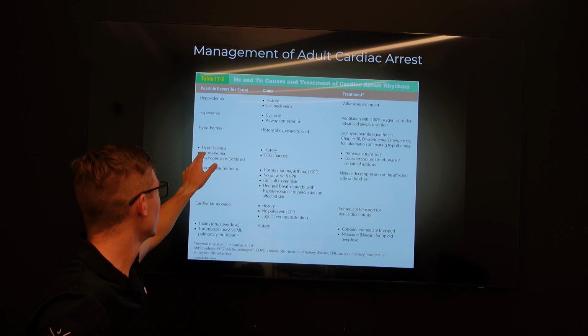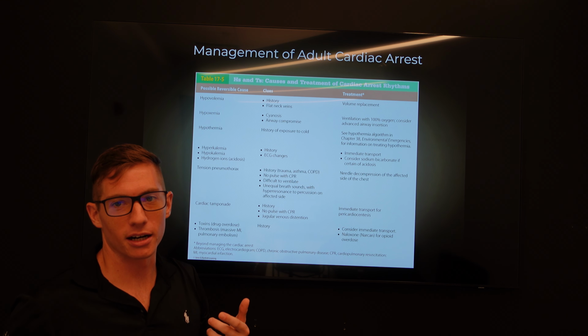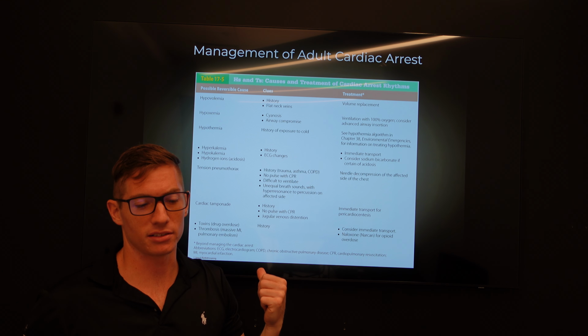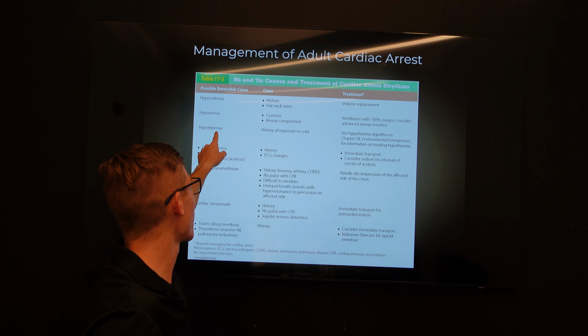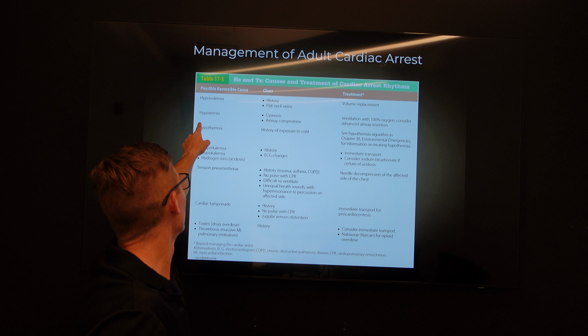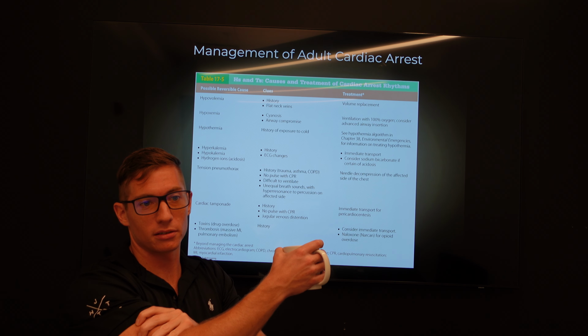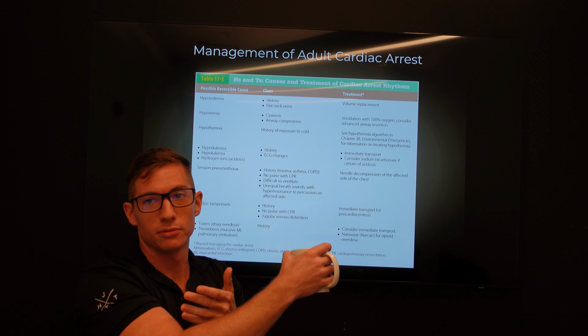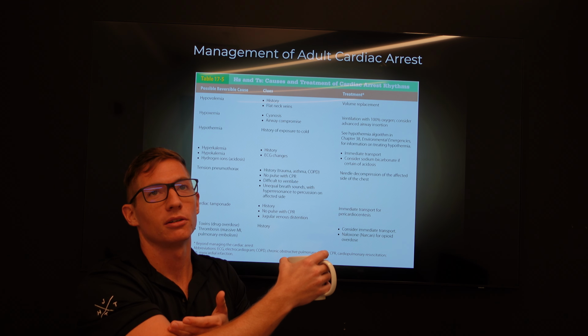Hypokalemia, there's not enough bananas. Hydrogen ions, acidosis, so this we determine with capnography. You could tell if someone is getting too acidic, which happens if there's not enough respiration happening because of hypoxemia, then the cells are going to start doing what they do, going through cellular, what do cells do?